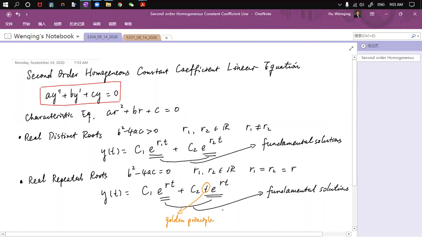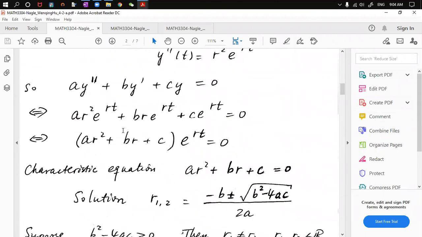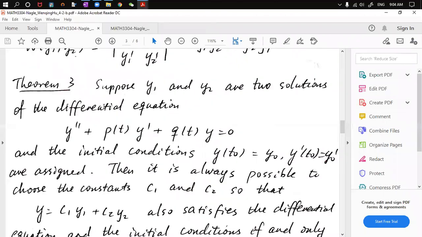That means you insert a t into your previous solution. That's the way you construct solutions to second order homogeneous equations, and that's what we talked about in the previous lecture, on Friday.